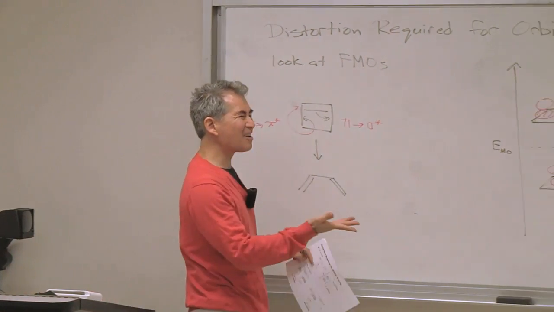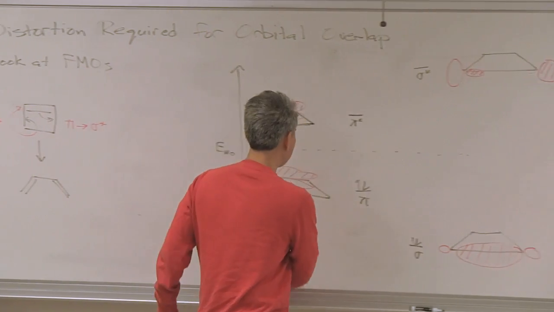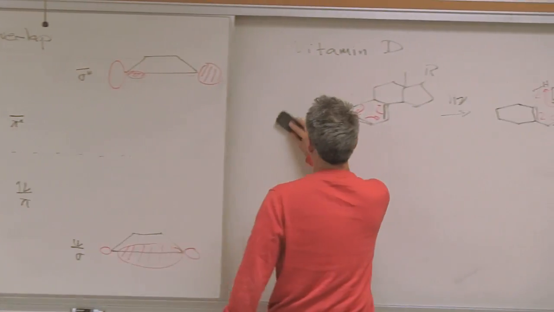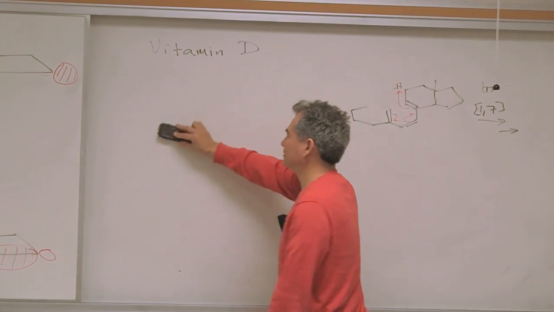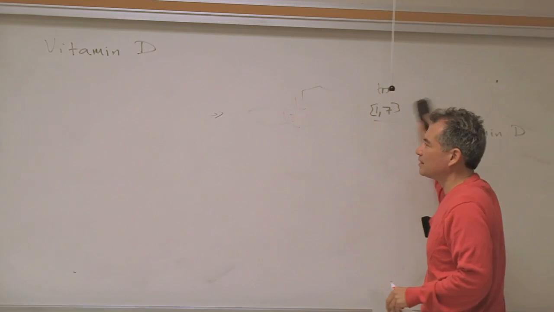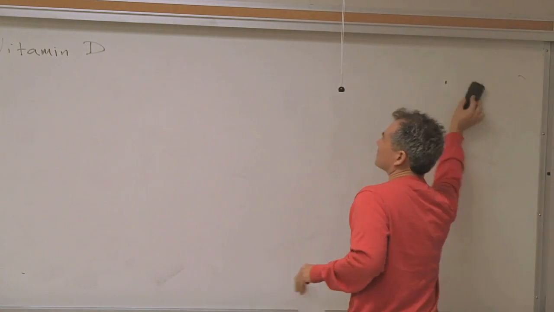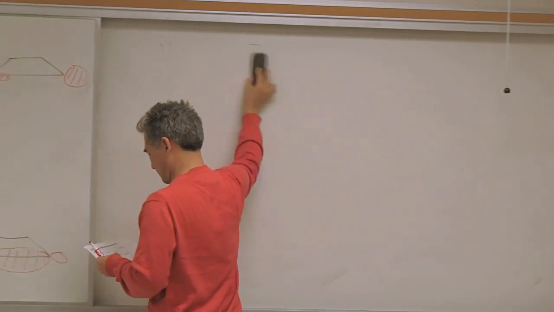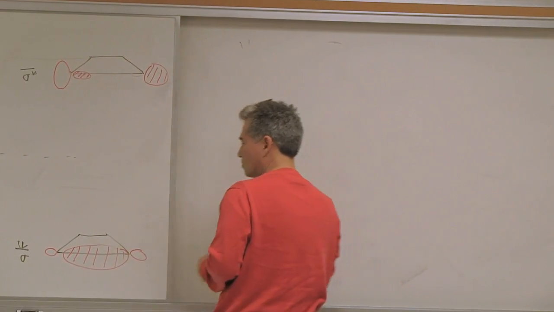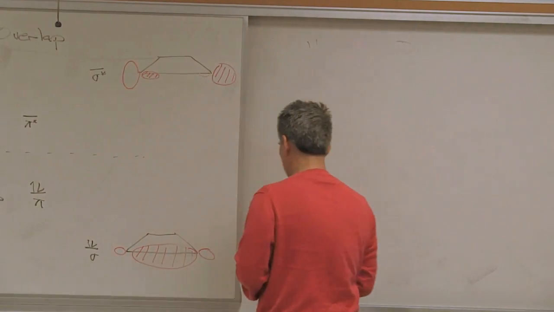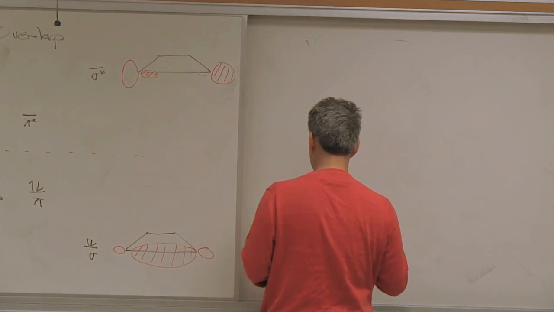Okay, it's hard to see how you're going to get any overlap. In fact, if it was really planar like I drew it there, the reaction wouldn't work at all. So we need to draw this substrate in a conformation that's realistic for this kind of orbital overlap to be effective. And you have to distort from a completely planar geometry.